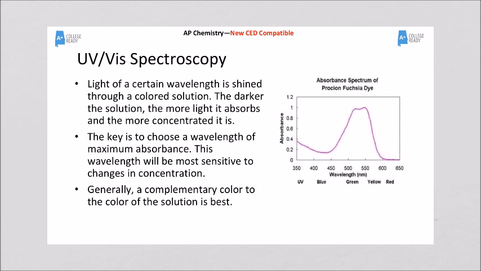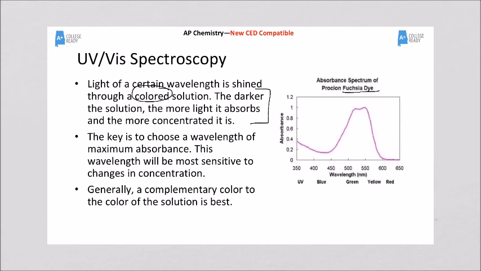For UV-Vis spectroscopy, this just goes through hopefully what you'll do in the lab. Light of a certain wavelength is shined through a colored solution, so that's the key. The solution has to have a color, like over here you see it's fuchsia. The darker the solution, the more light it absorbs and the more concentrated it is. Okay, so that's a direct relationship right there. The key is to choose a wavelength of maximum absorbance.